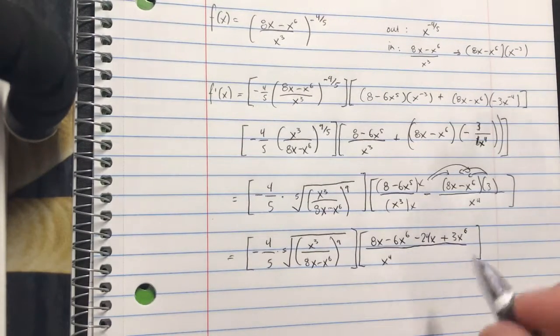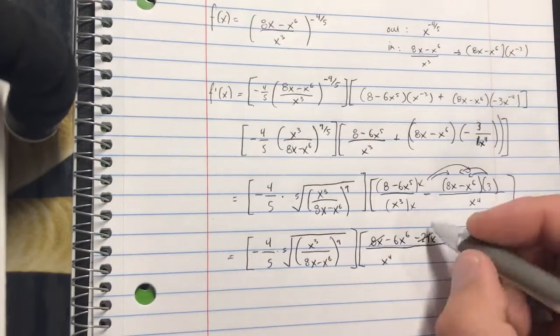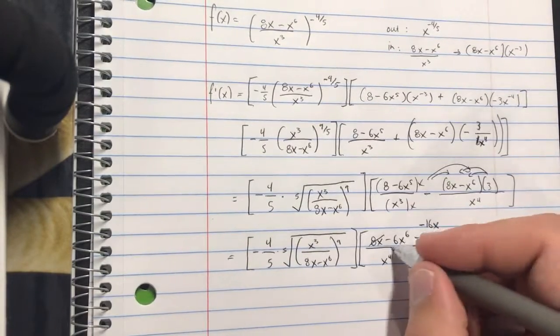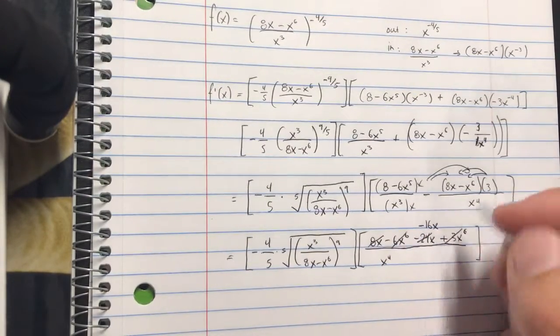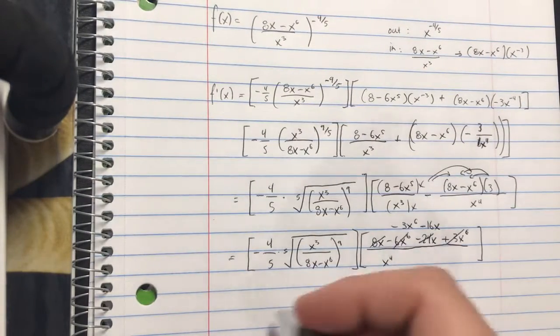And I already see terms that we can combine, so we're going to make this equal to negative 16x, and this becomes negative 3x to the 6th power.